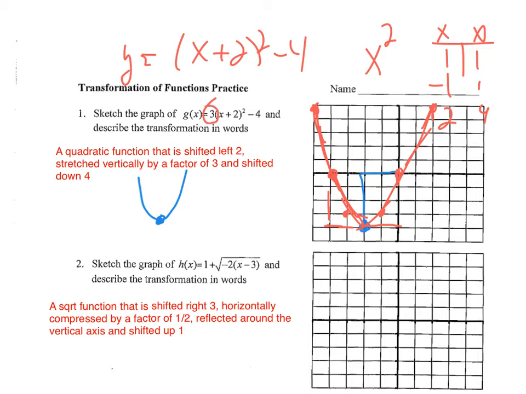So instead of going over 1, up 1, it's going to go over 1 and up 3, because it's getting multiplied by that 3. See that? And then go left 1, it's going to go up to 3. And then it goes over 2, and instead of going up 4, it's going to go up 12. And of course, I'm off my graph. But that's what it's going to actually look like. So that green graph is actually the graph of this function.